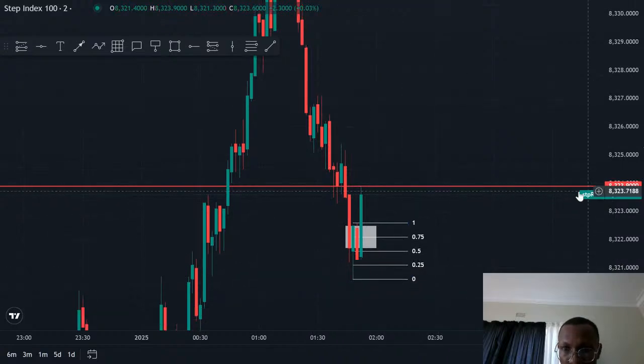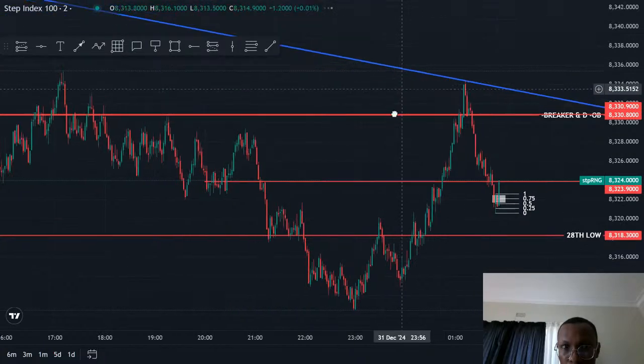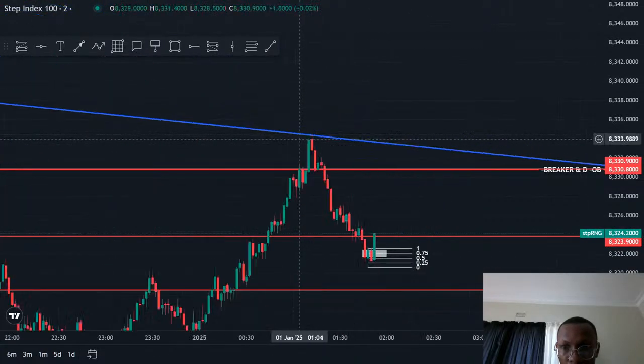And the 2 minute is also about to make a bullish change in the state of delivery. And a possible target here is this buy side way up higher.